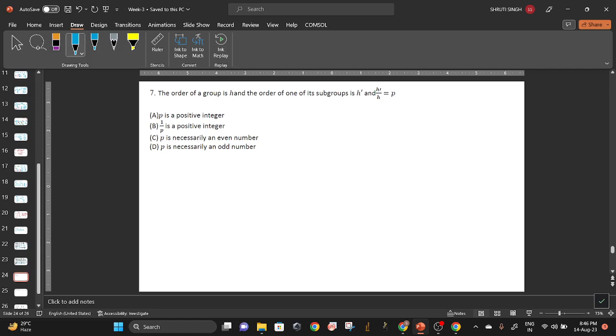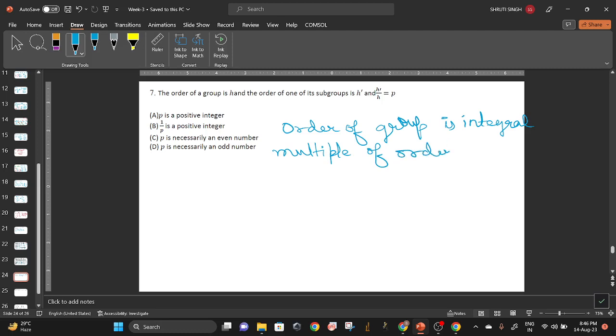So the order of the group is H. Now from classes we have seen that the order of a group is an integral multiple of the order of a subgroup.